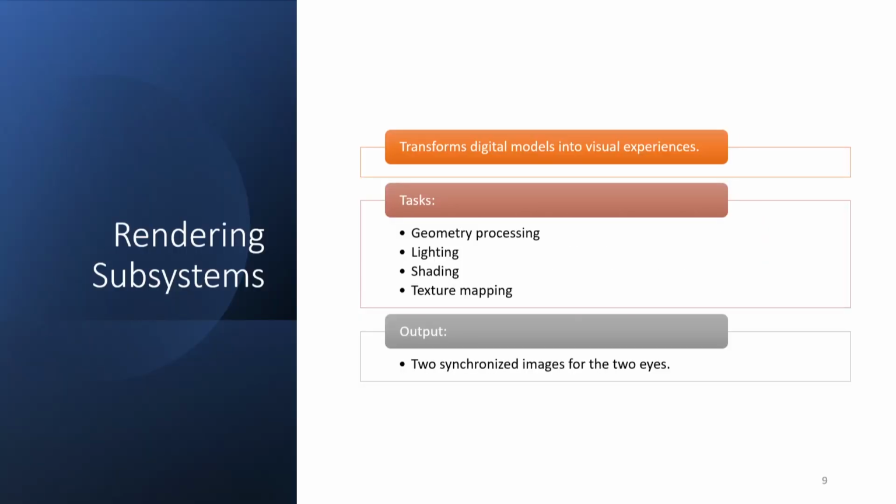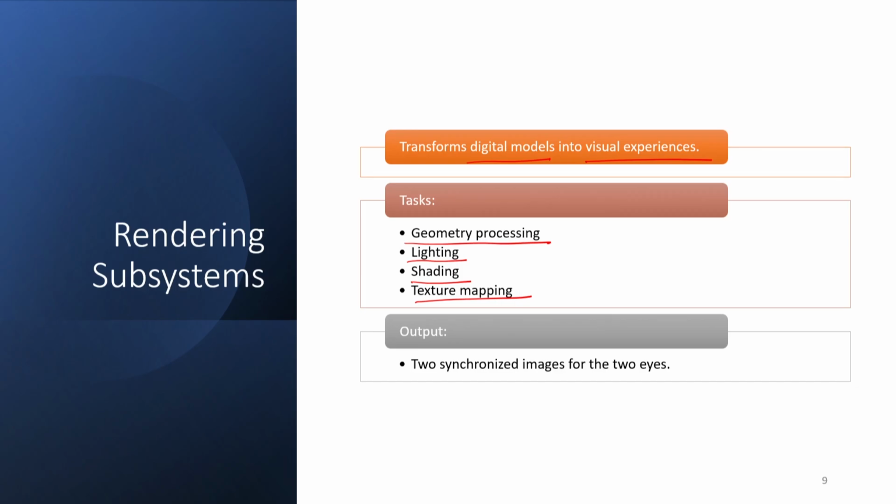Then there are rendering subsystems which transform your digital models into visual experiences. So, their job is to render the digital models on the screen in an appropriate manner, so that you feel immersed in the world. The typical tasks of such rendering systems include geometry processing, lighting, shading and texture mapping.